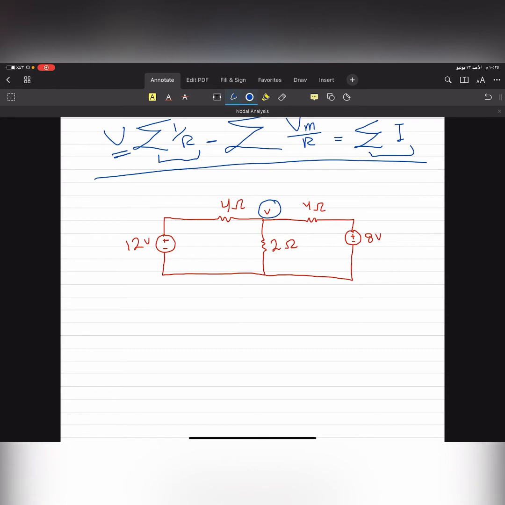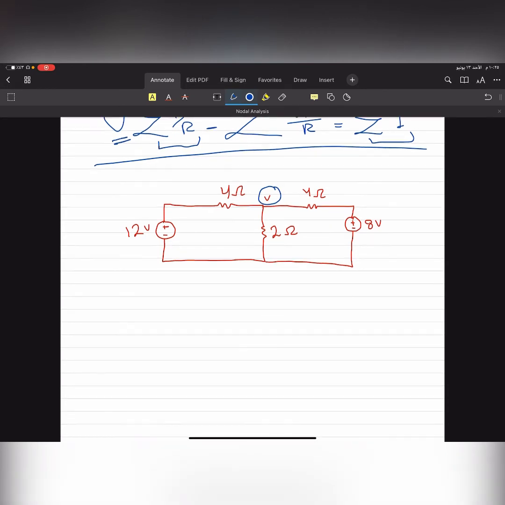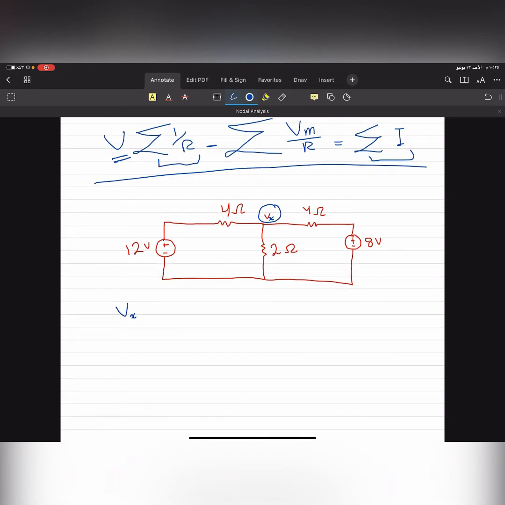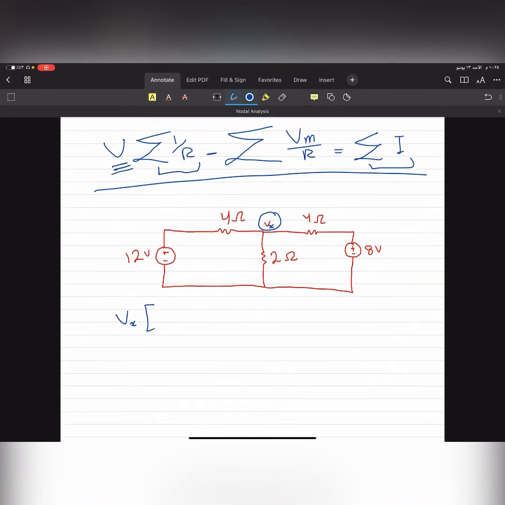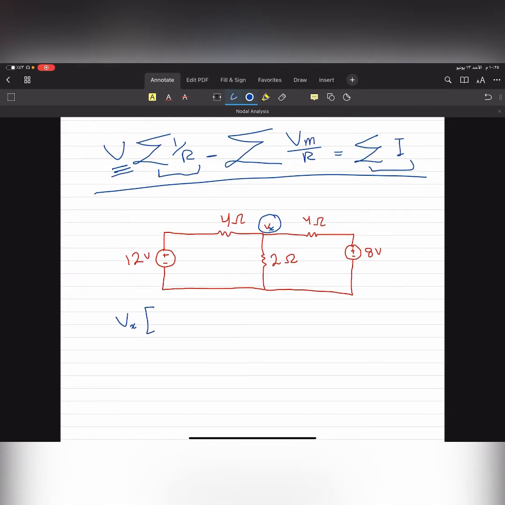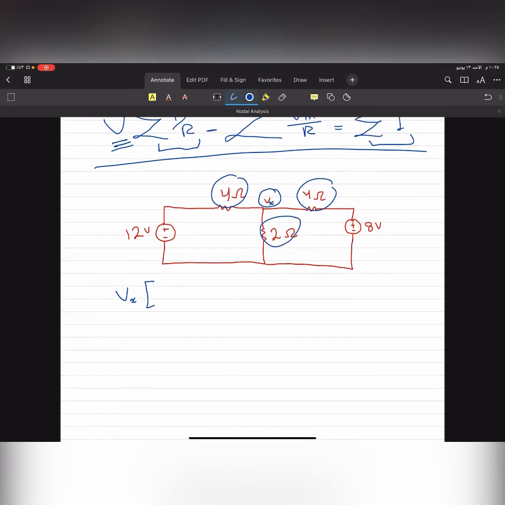So I will start by saying that V, the unknown, let's call it Vx, multiplied by the sum of 1 over the adjacent resistances. How many adjacent resistances do I have? I have 1, 2, 3. So multiply by the sum of 1 over 4 plus 1 over 4 plus 1 over 2.